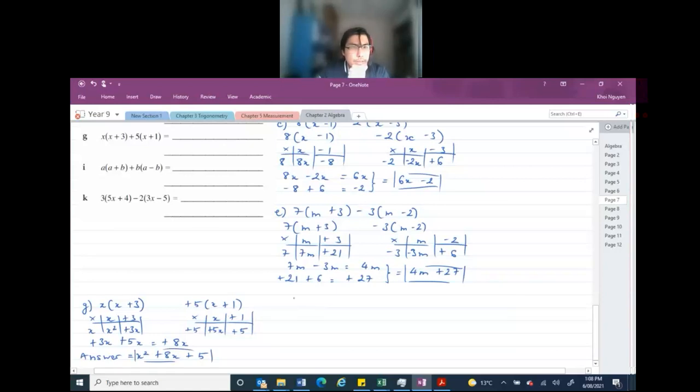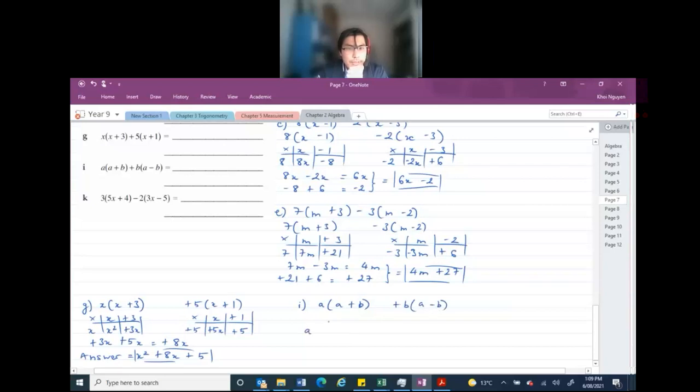Okay, next we have a bracket a plus b for the first brackets. Then plus b, bracket a minus b for the second one.